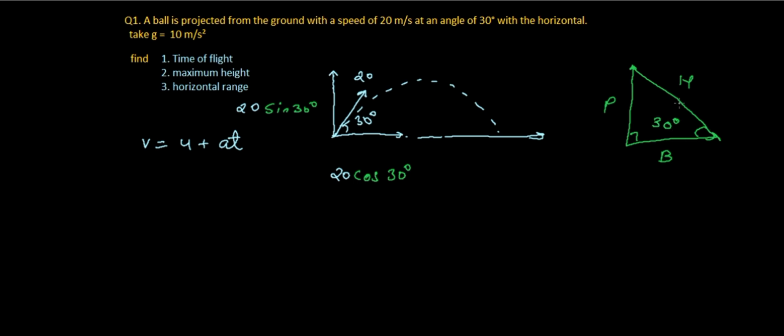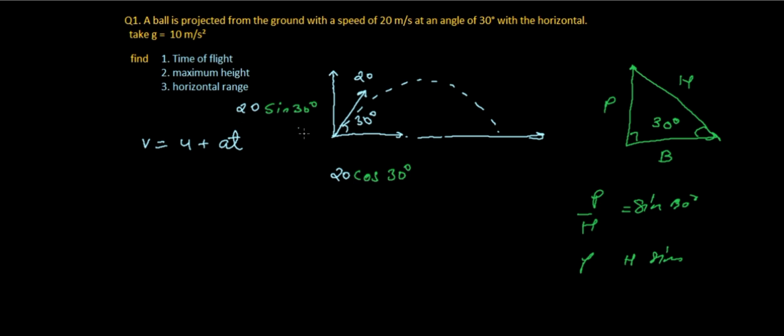So we have an angle and a hypotenuse, so we can find p and b, and p by h would be sine 30. So p is h sine 30. That's why I have written 20 sine 30.